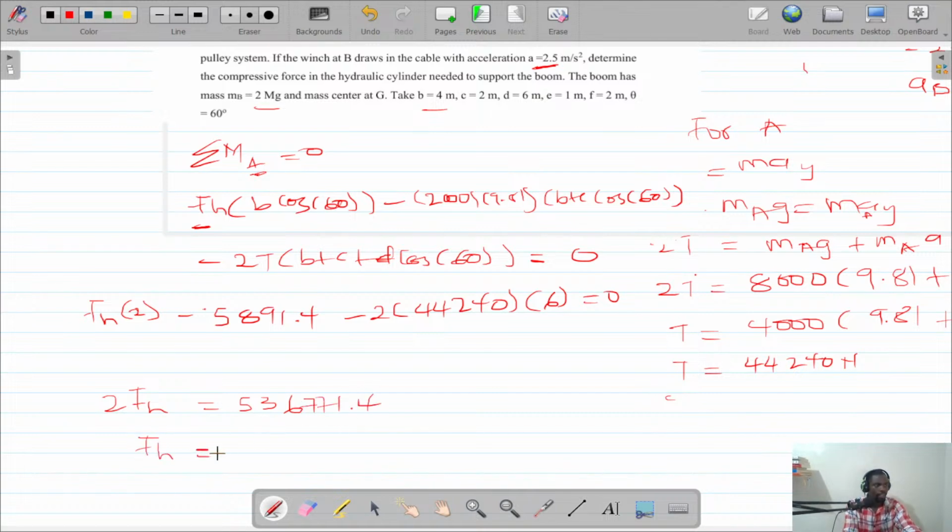So Fh will be equal to that divided by 2. 536,771.4 divided by 2, so we have 268.4 kilonewton.